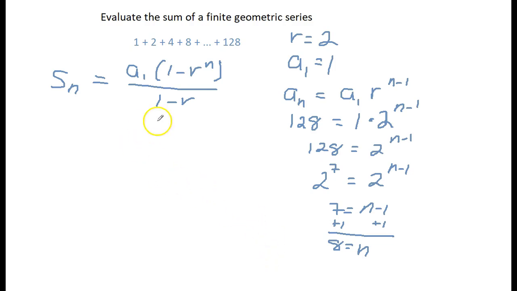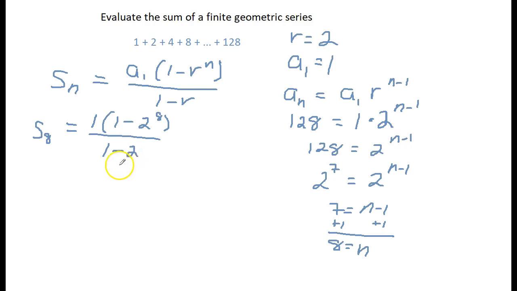So now we can plug everything in here to find our sum. So our sum of our first 8 terms equals a sub 1, which is 1, times 1 minus r, which is 2, to the n power, to the 8th power, over 1 minus 2.